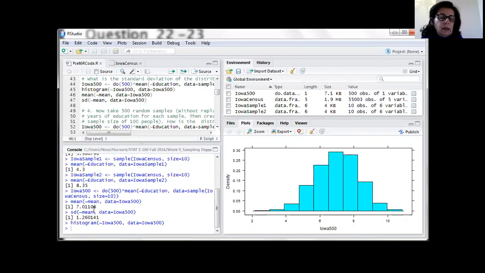And your mean is going to be the same because the mean of the sampling distribution is the mean of the population, but the standard deviation is going to change from sample to sample.